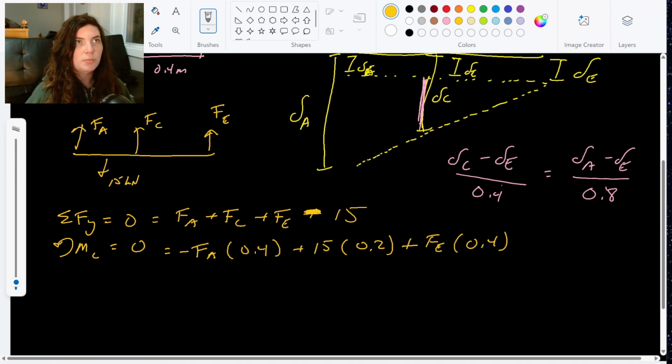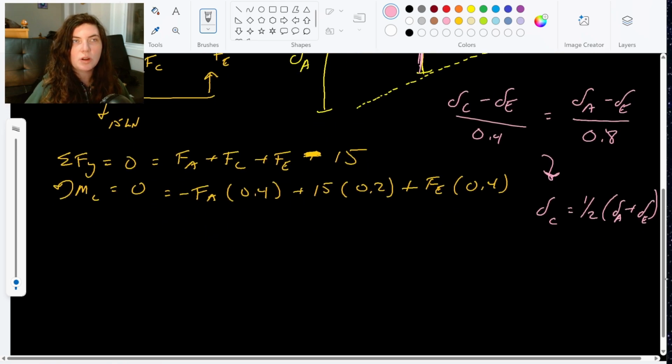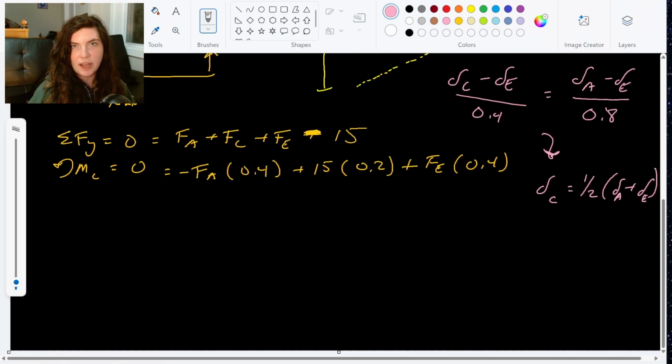I would simplify this down a little bit before that substitution: displacement of C is 1/2 displacement of A plus displacement of E. That's just a little bit cleaner equation to work with. And then I'm going to substitute in my axial load displacement equation.